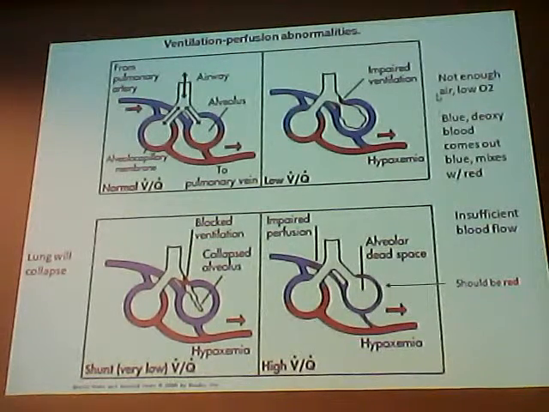What you see is, if you have impaired ventilation, your blood is kind of blue because it's not oxygenated as well. You could have a collapsed alveolus, which is one reason this could happen. So you have very low ventilation to this side of the alveoli, versus this part.